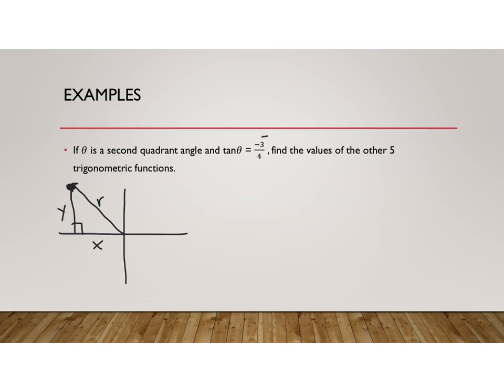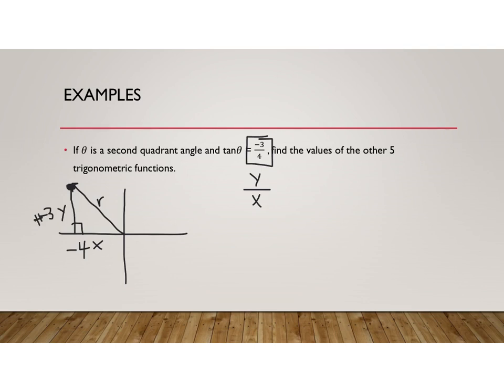Now, according to this, given tangent to be negative 3 over 4, remember tangent is y over x. So the y would be negative 3, or actually it would be positive 3, and the cosine, the x, would be the negative 4. So y would be positive 3, x would be negative 4.